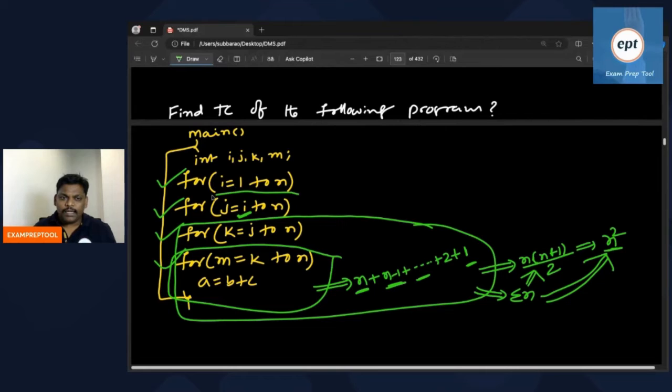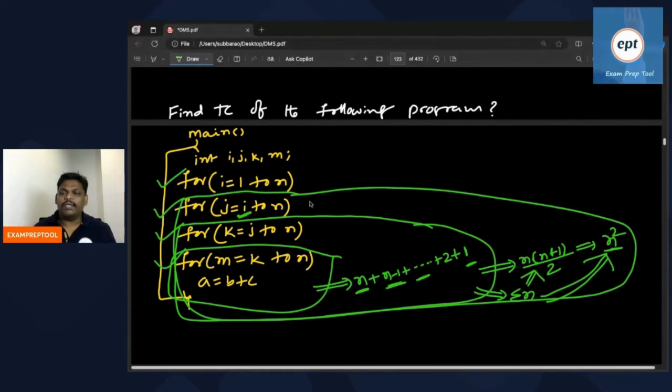At the end of the j loop, it became approximately sigma n square. For the first iteration, n square; for the next, one more n square. It almost became sigma n square, the sum of natural number squares.